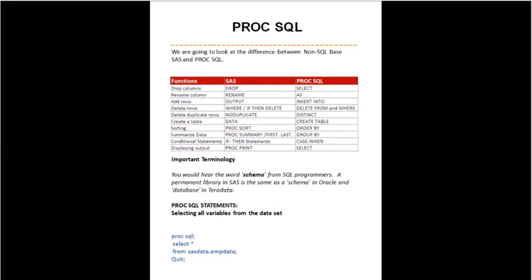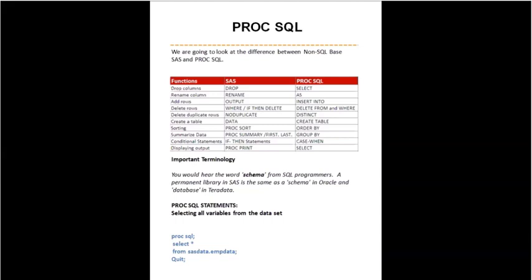If you want to delete duplicate rows in SAS, using proc sort you can do nodupkey or nodup. Here you can fetch the distinct data by using the distinct keyword in your PROC SQL. If you want to sort the data, you have PROC sort. Here you can use the order by clause.